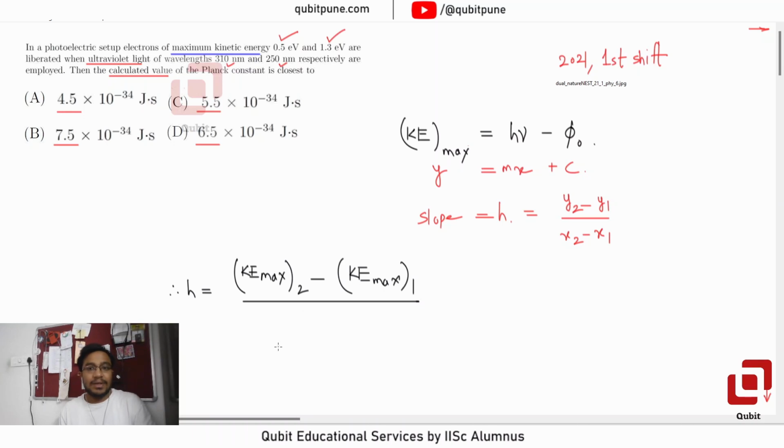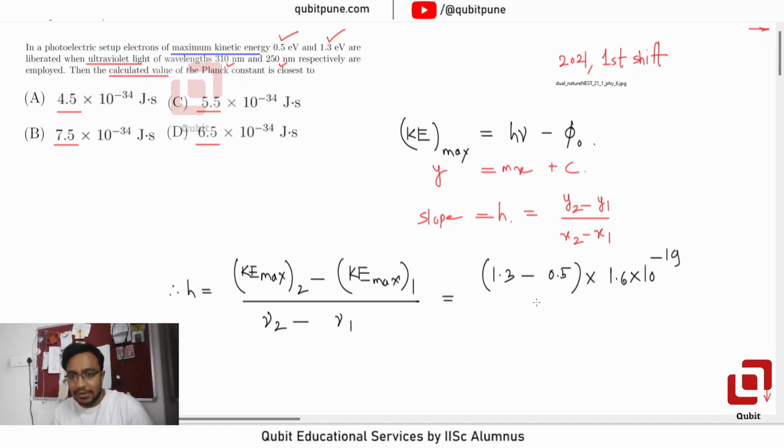And what is x2 minus x1? It is nu 2 minus nu 1. Now what is K max 2? K max 2 is 1.3 electron volts. K max 1 is 0.5 electron volts. And remember, because the options are in SI units, we need to multiply these by 1.6 into 10 raised to negative 19, so that the energy will be in joules, divided by frequency.